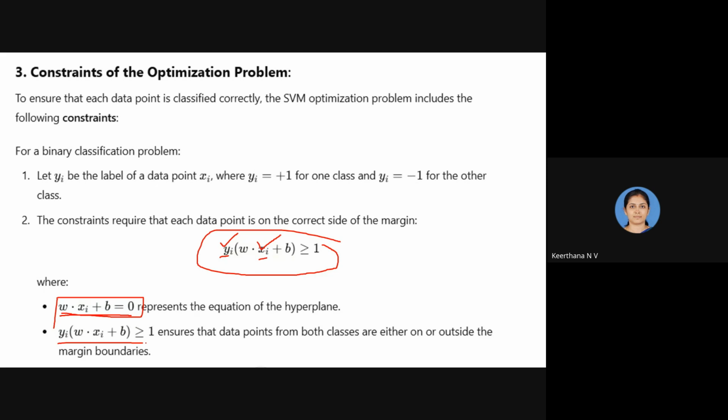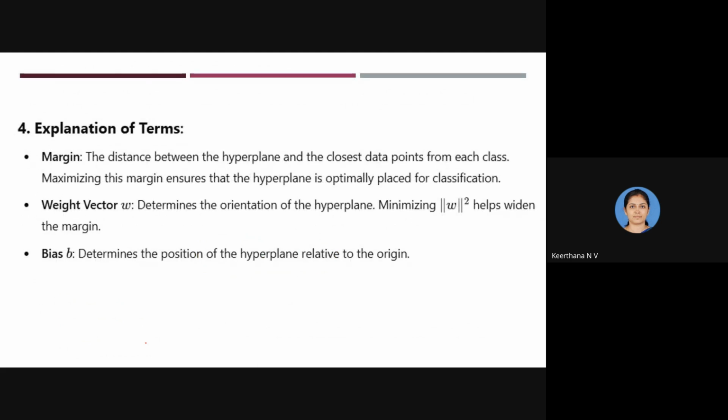What is the margin? These two are the margins: the distance between the hyperplane and the closest data points in each class. While we maximize the margin, the hyperplane is optimally placed for classification, so your model provides higher performance when classifying your problems.